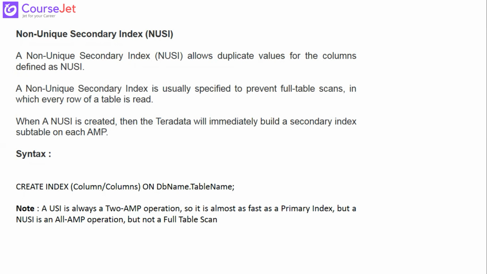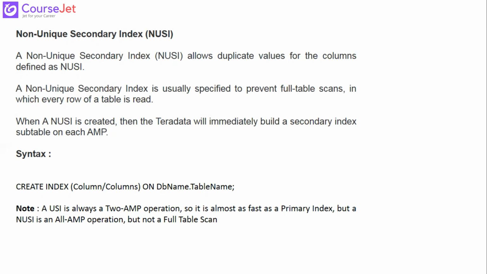So even in this case, it will be a 2 AMP operation? Here, the unique secondary index is a 2 AMP operation, but the non-unique secondary index is an all-AMP operation.